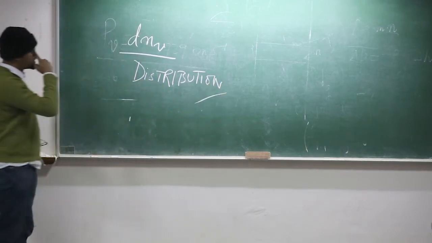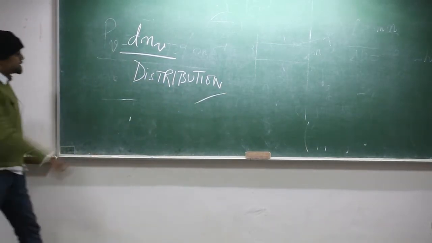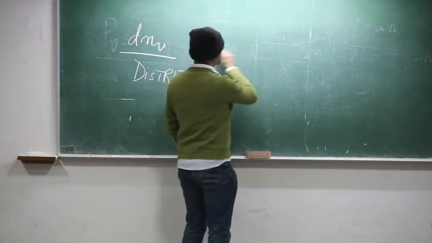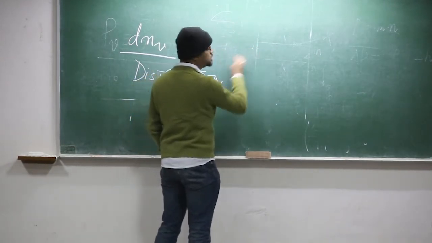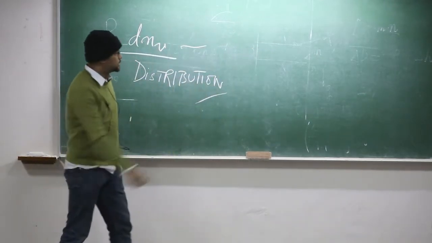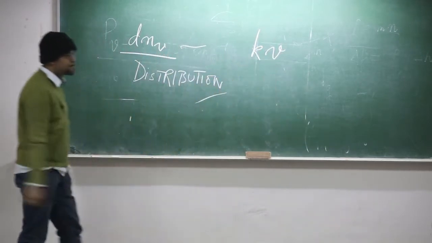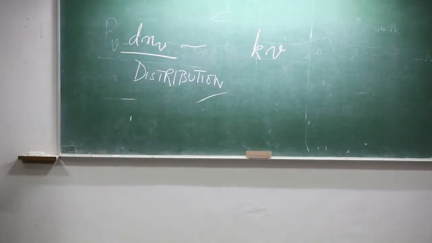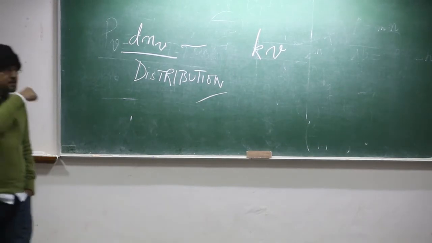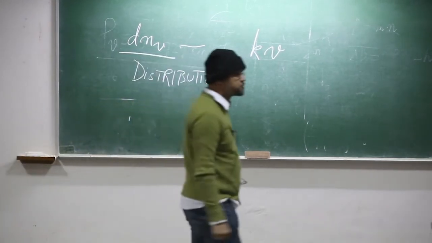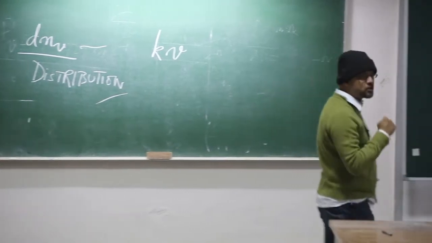Let's try to understand this. I take an example. Let this function be linearly proportional to velocity. Let it be some constant times velocity. Is this allowed? Do you think it's an allowed distribution function? Why not?